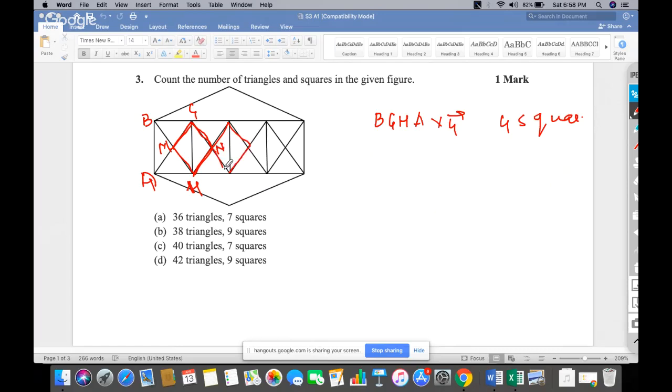This is the second square, and this is the third square. So 4 squares I have counted vertically, and 3 squares like this. So 4 plus 3, how many squares here? 7 squares. So the answer is C, which is 40 triangles and 7 squares.